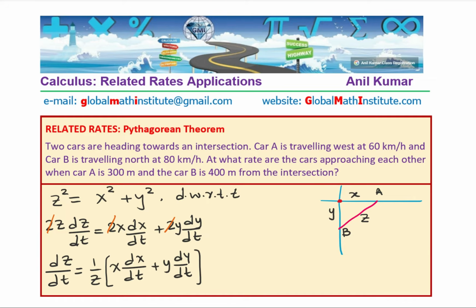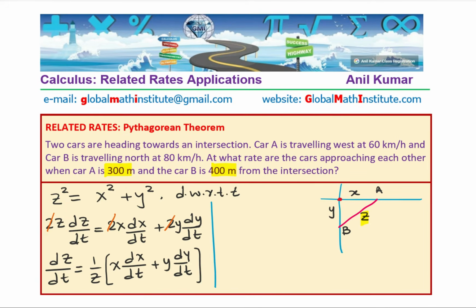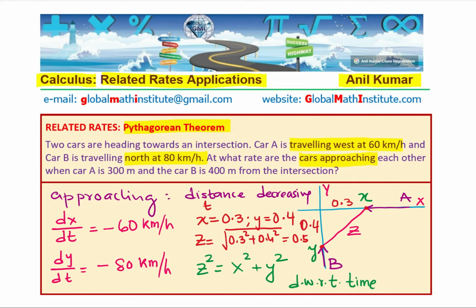Is that clear to you? Correct? So substitute the values which you are given as 0.3, 0.4, and we calculated z at this instance at 0.5. We know dx dt also, right?